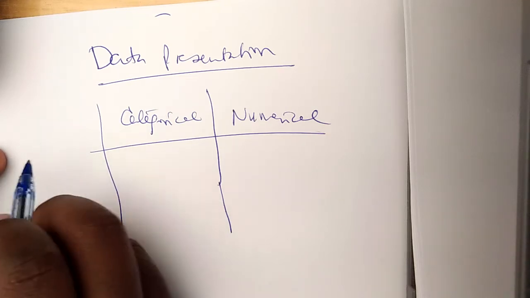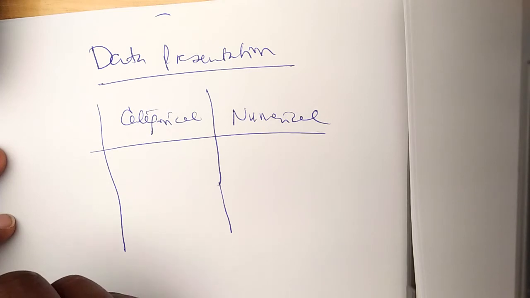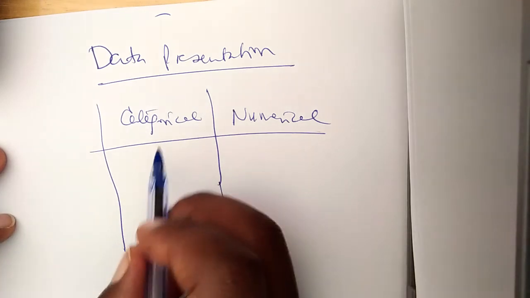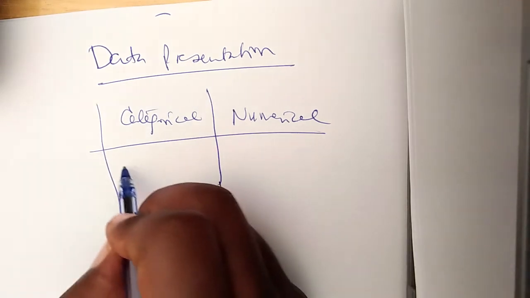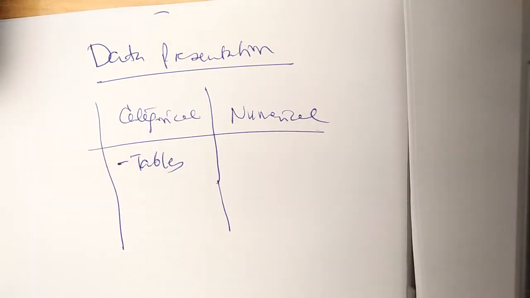If it is categorical, we shall be thinking of the use of tables, because you know categorical summaries are frequencies, percentages, proportions. You know what we are saying?